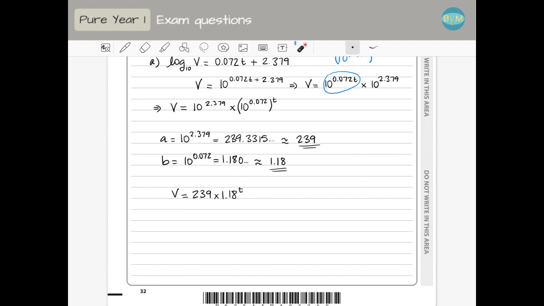When T is 1, I have this one and this one times to the power of 1. So AB is V, the number of views, when T is 1, so after one day. I would use units always.